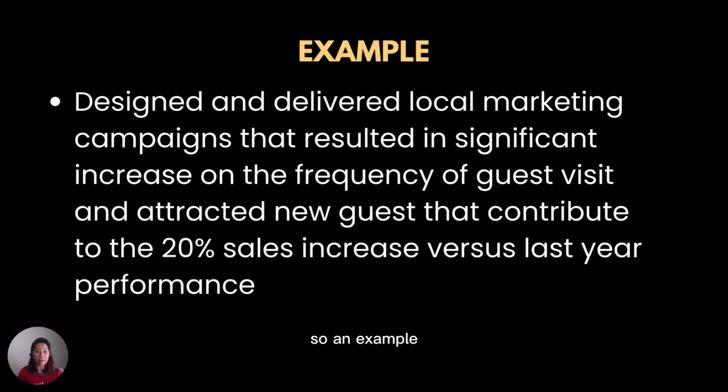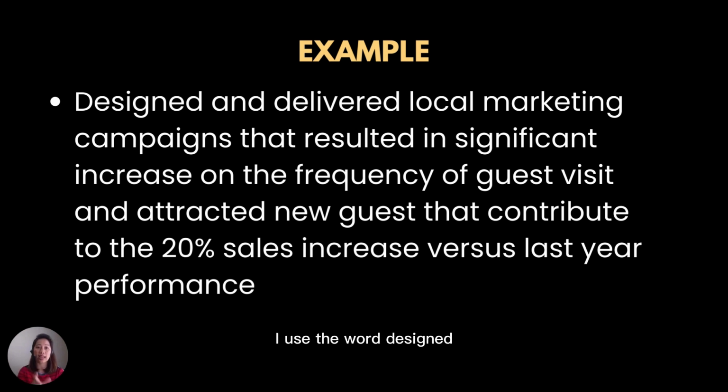Okay, so an example: designed and delivered local marketing campaigns that resulted in a significant increase in the frequency of guest visits and attracted new guests that contributed to the 20% sales increase versus last year's performance. So what is the action word here?